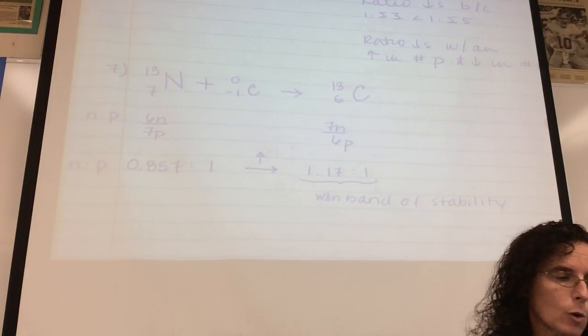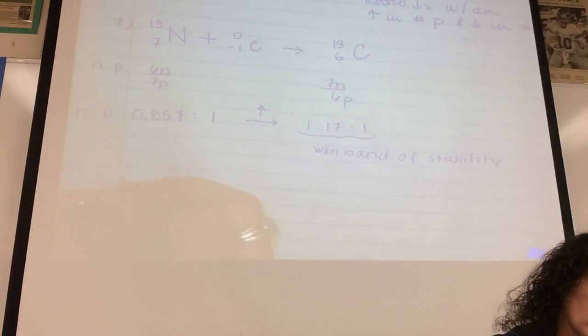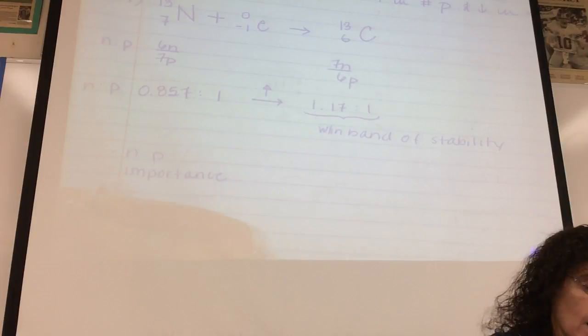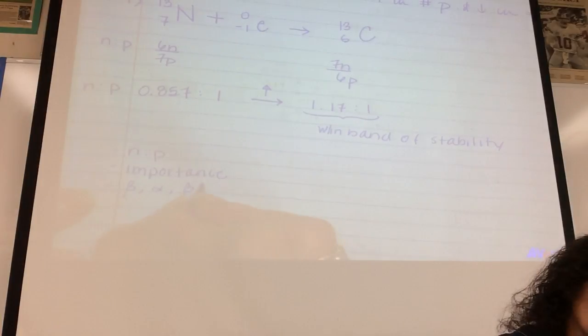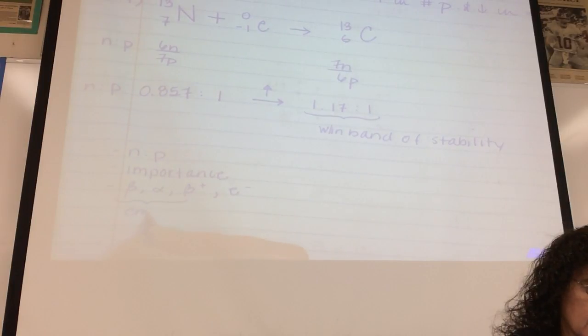So at this point, hopefully you're starting to get a feel for neutron to proton ratio, the importance of neutron to proton ratio, understanding beta, alpha, positron, and electron capture. So these were emission processes on the right side of the equation.